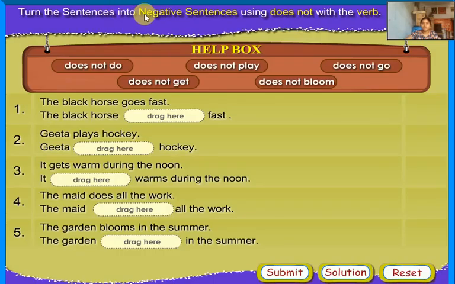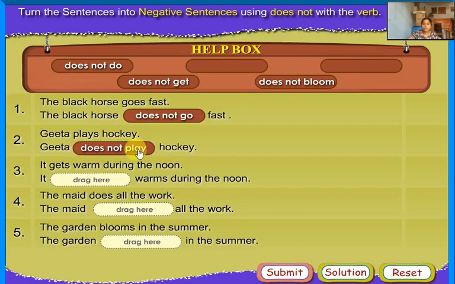Turn the sentence into negative sentence using does not with the verb. The black horse goes fast. The black horse does not go fast. Geeta plays hockey. Geeta does not play hockey. It gets warm during the noon.